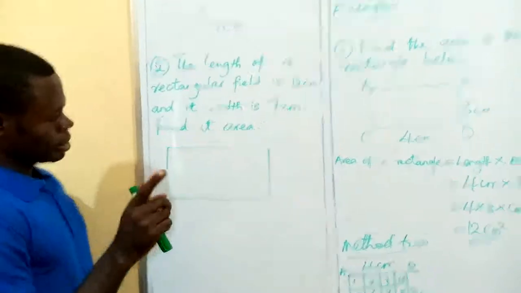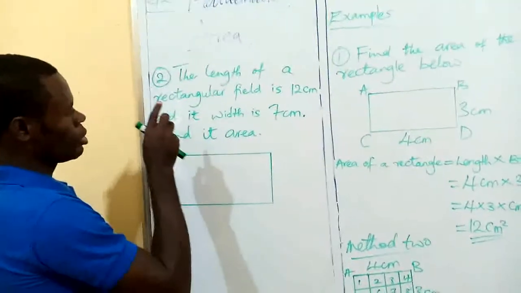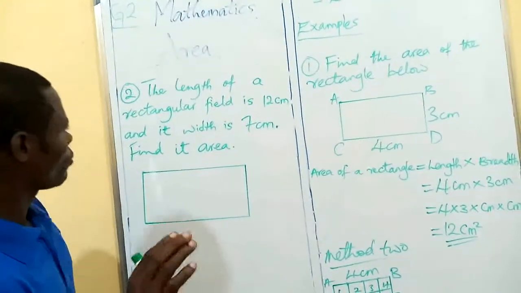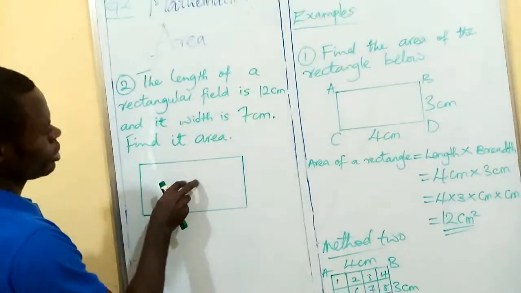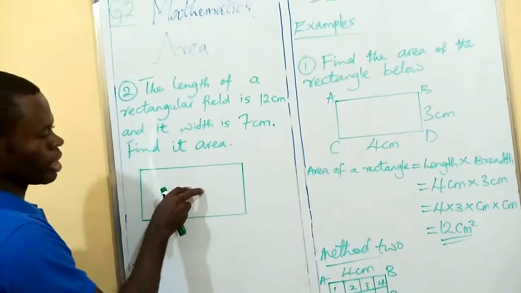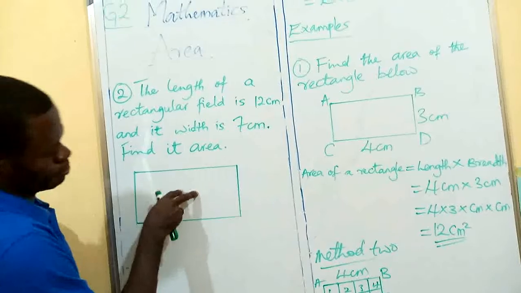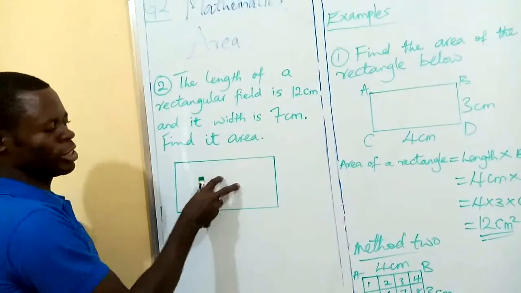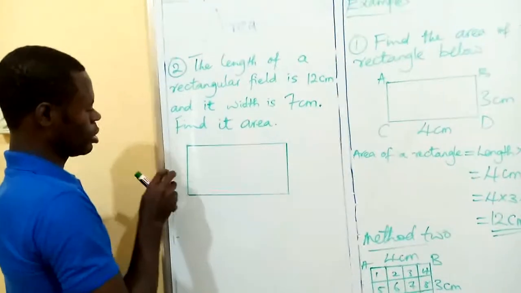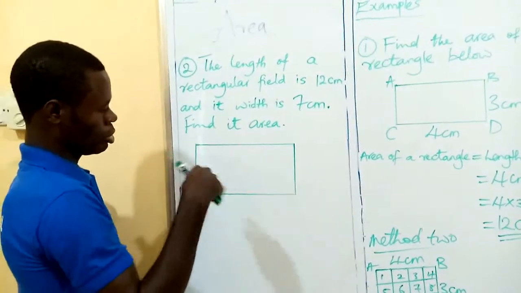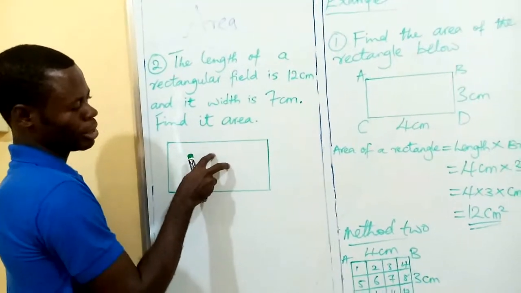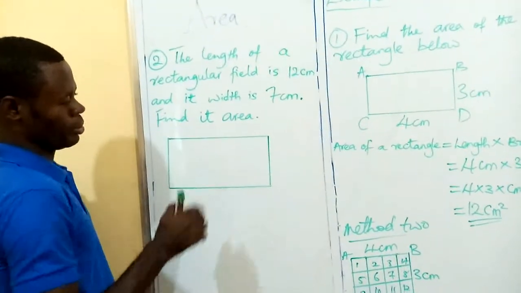So we use this shape to represent the field. Though I'm not going to put the goal post and other things that are there in the field, I use a rectangular shape to represent the field.